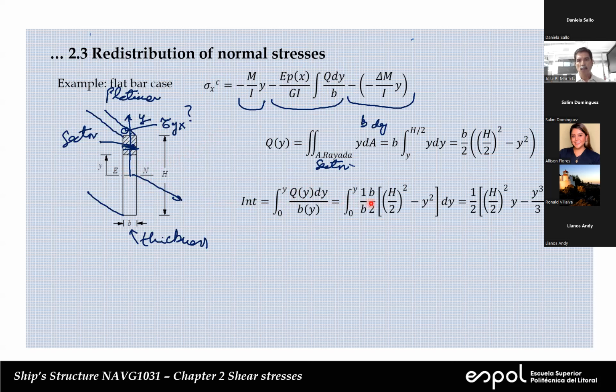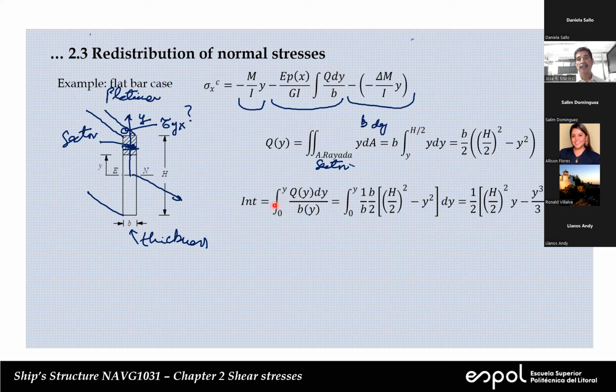So the integral goes from here until here, and at this point this is the result of Q. So this dy and 1 over B, because we have B down here, we can cancel this. This is the integration in y, so the result is going to be this, the integral of this expression.